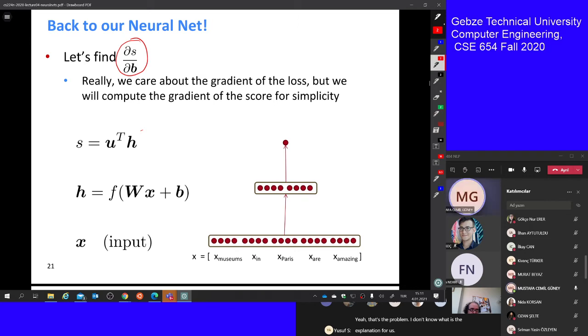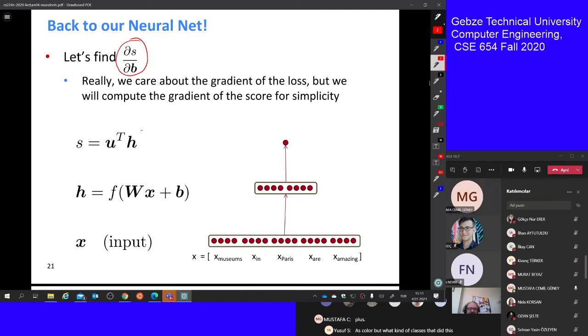Output class. Our output, but why do we call this output? Tell me the possible values for that S. What does S represent? What does it give me? A scalar maybe. Class.